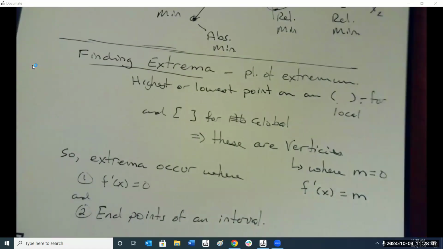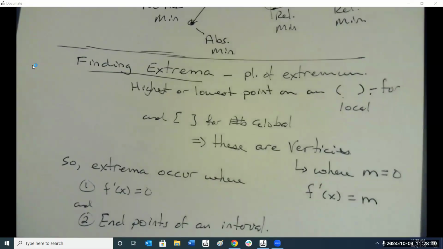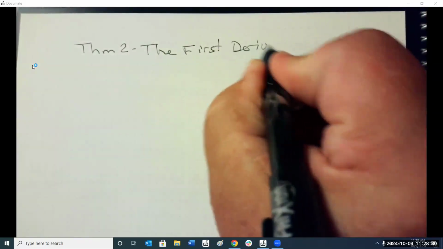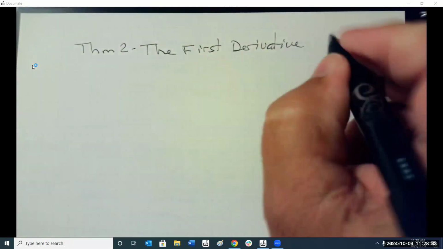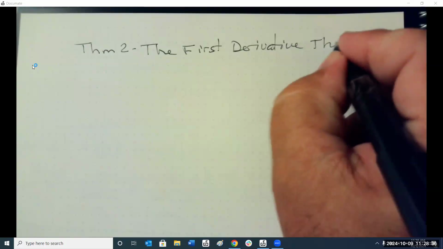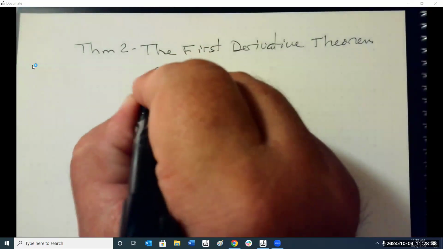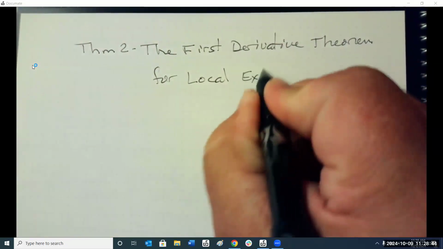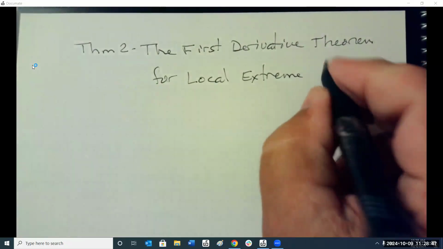Theorem 2 defines the first derivative test, because that's what we're looking at here. The first derivative theorem for local extreme values.